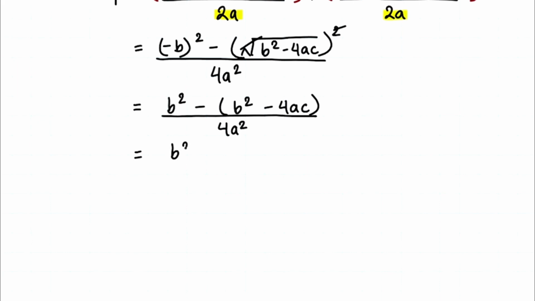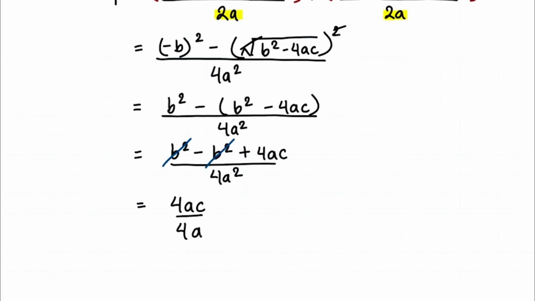Now let's open up that bracket. So we have b square minus b square, and minus minus becomes plus 4ac, divided by 4a square over here. Now again we can cut plus b square and minus b square, and we get 4ac divided by 4a square.